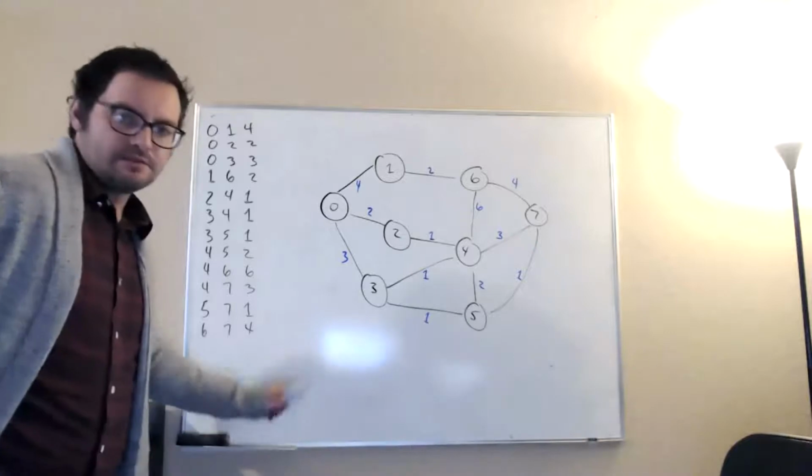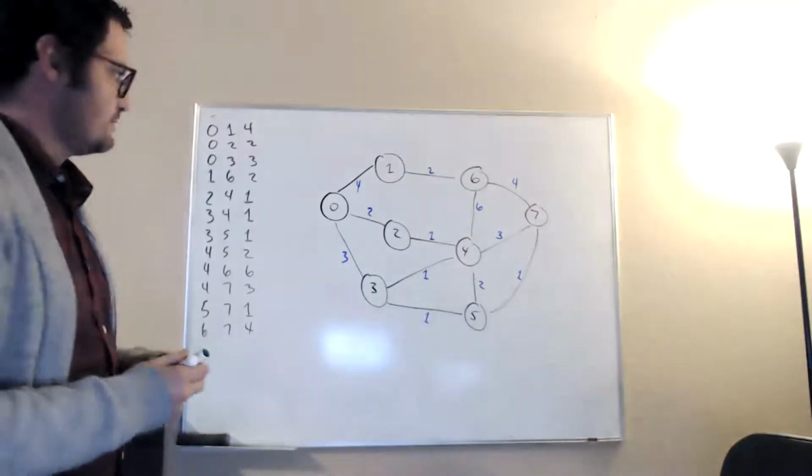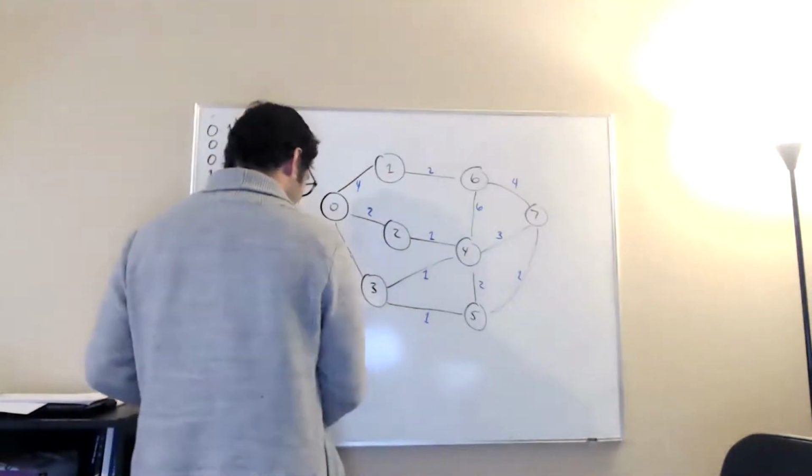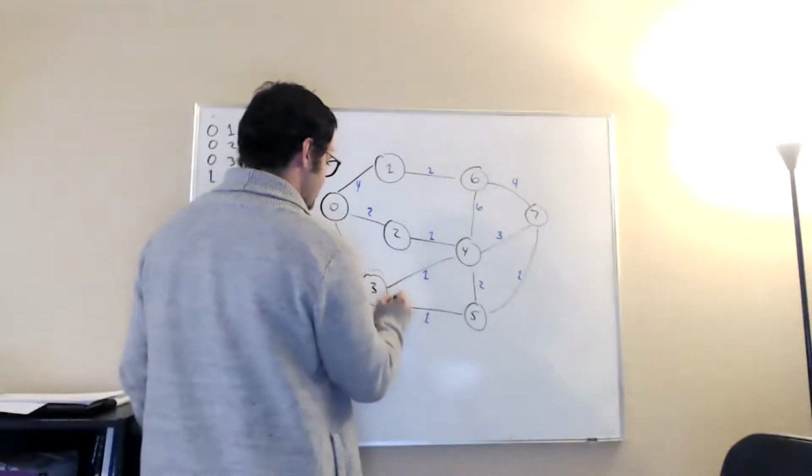Okay, now I'm just going to manually run Prim's algorithm now, so it doesn't matter where we start. So maybe I'll start at node 3.